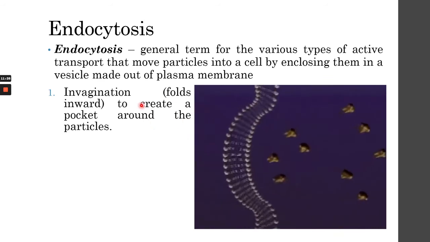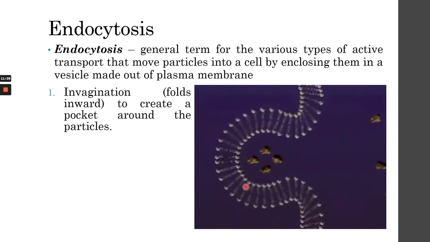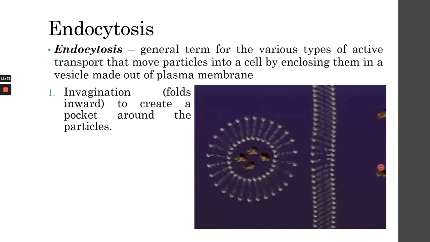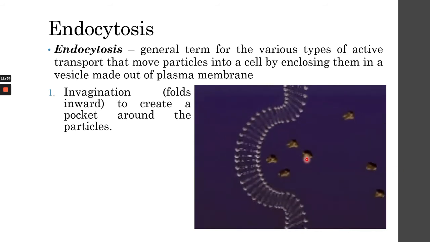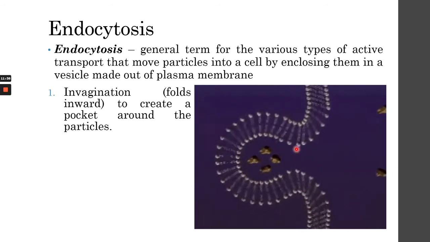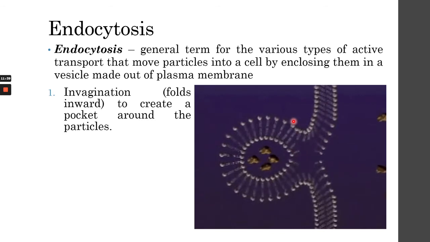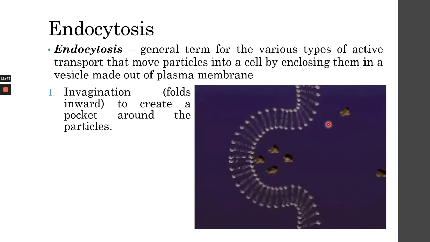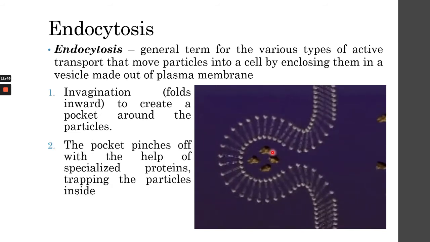And what that does is, as it invaginates, it creates this pocket. And this pocket is the one that can surround or engulf the materials. So ganun din yung ginawa nung moving picture kanina ng macrophages, no? It creates this invagination in order to swallow that bacteria.